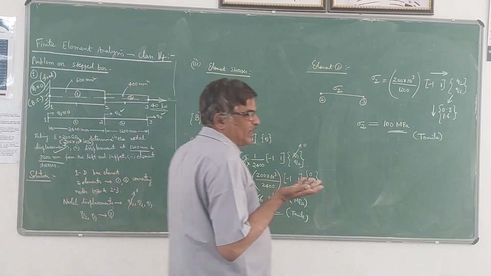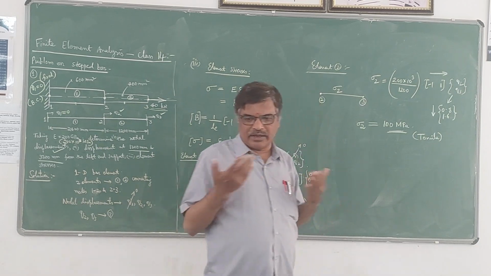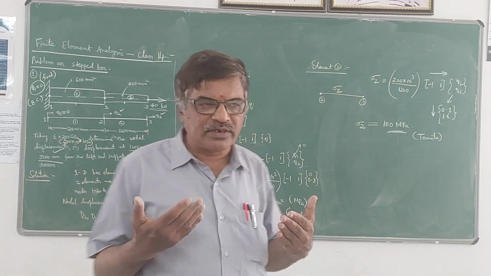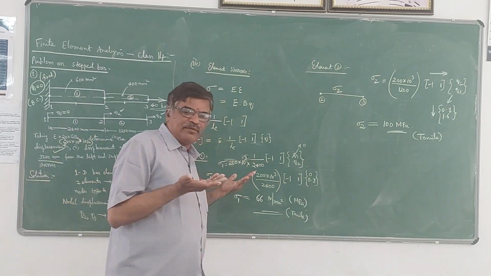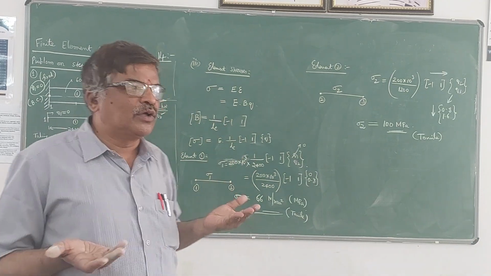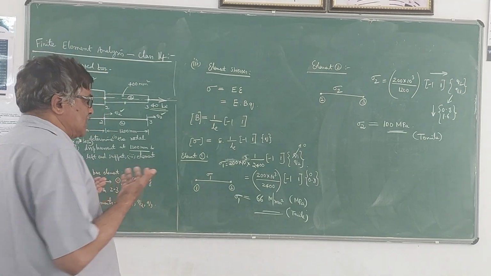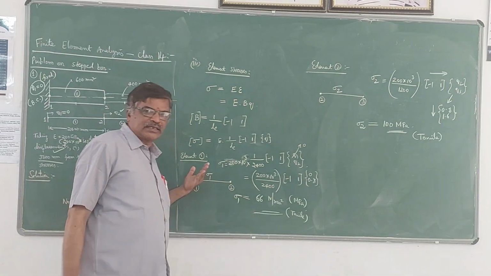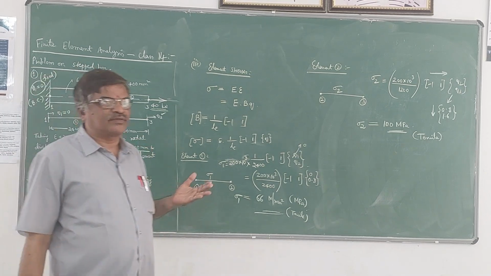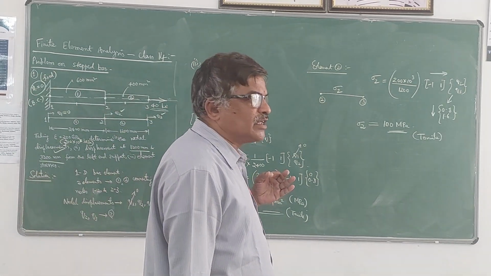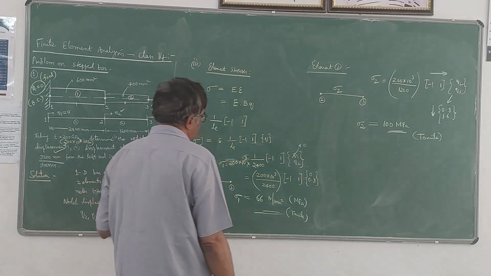Then we have eliminated the terms at which the nodal displacement is 0. We have condensed it, the static condensation technique we call it. So that we have done. Then the global stiffness matrix, a third order matrix, has reduced to a second order matrix.